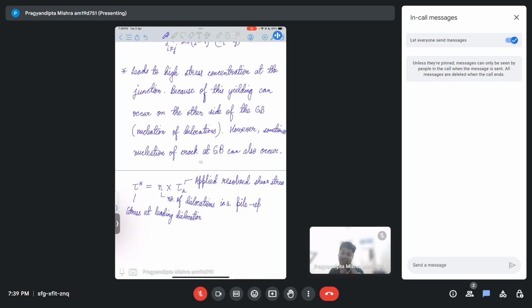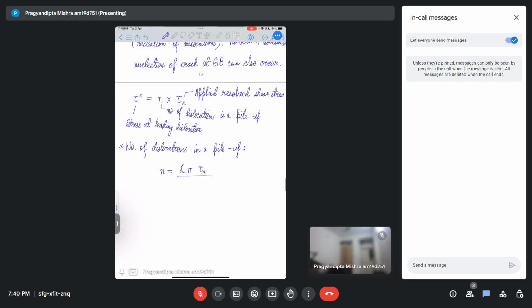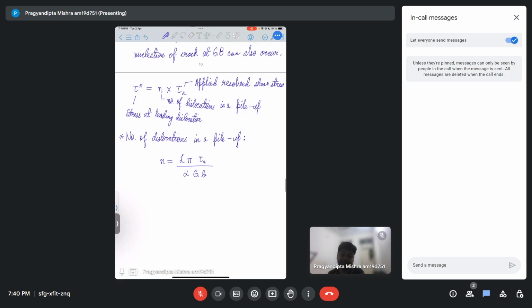If we rewrite and turn this equation around, finally we can get the number of dislocations in a pileup to be equal to n equals L times pi tau A divided by alpha G b.